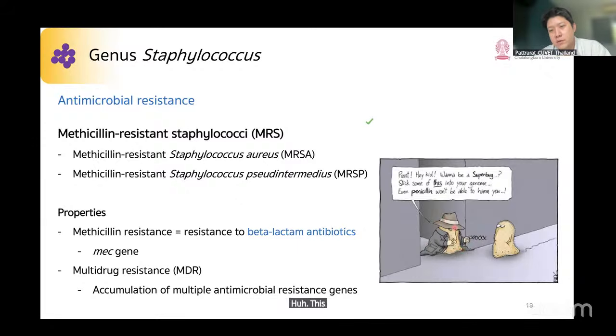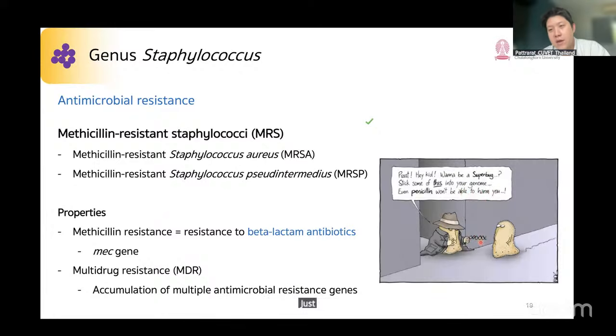This one, like methicillin-resistant Staph aureus, asks this one, hey kids, want to be a superbug? Superbug means antimicrobial resistant bacteria. And they send something, right? Stick some of this into your genome. This is the mec gene. Okay, even penicillin won't be able to harm you.